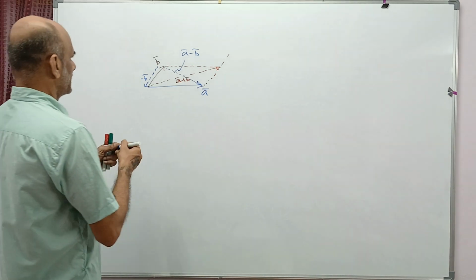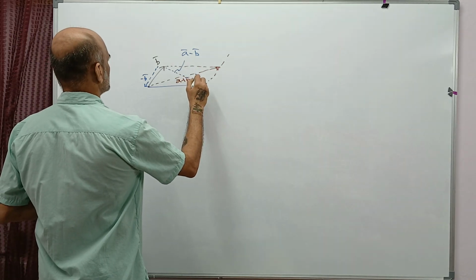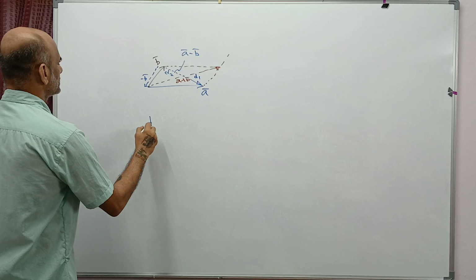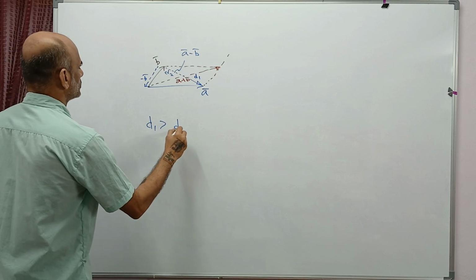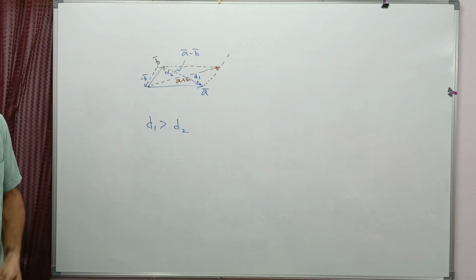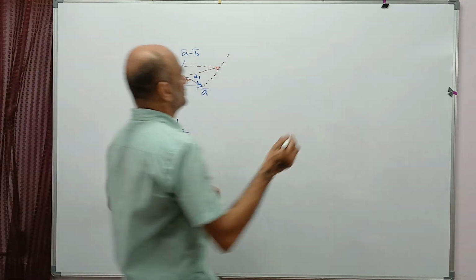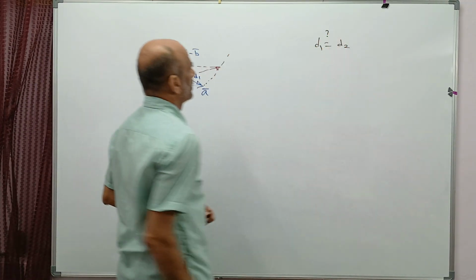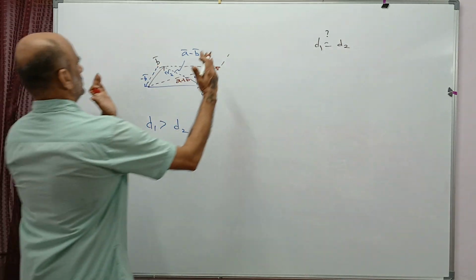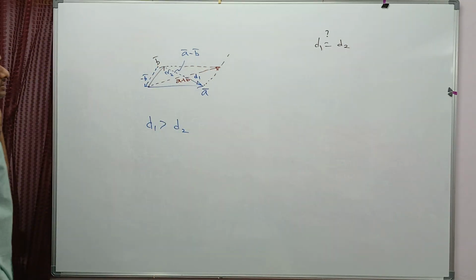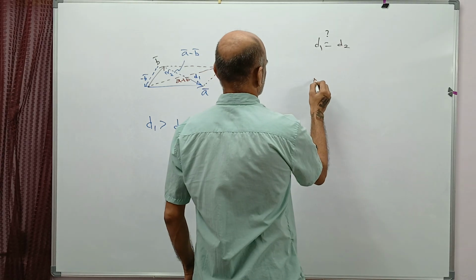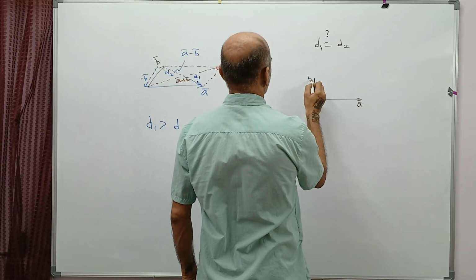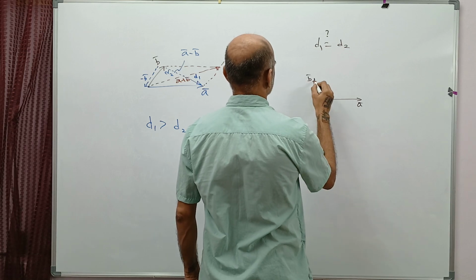Here we call one diagonal D1, and the second diagonal D2. So the D1 length is greater than D2. Is it possible for the two diagonals to be equal, D1 equal to D2? For that I have to press the parallelogram like this, so that the A vector and B vector make 90 degrees.